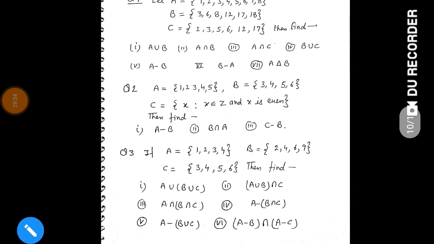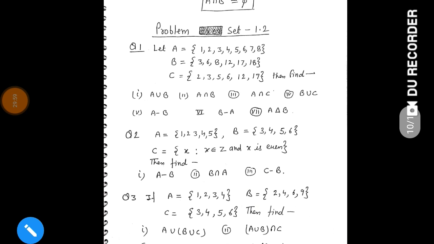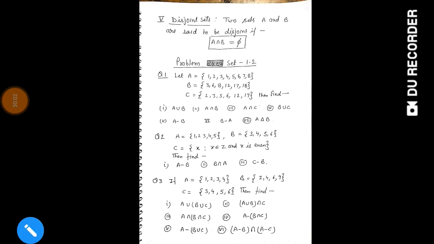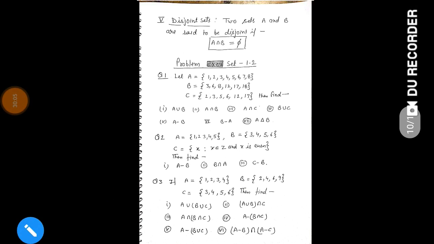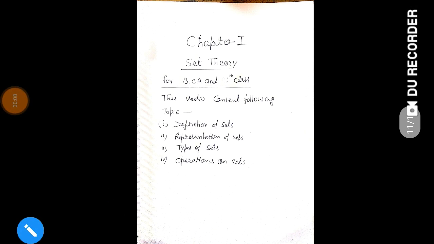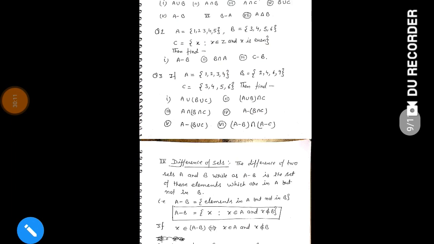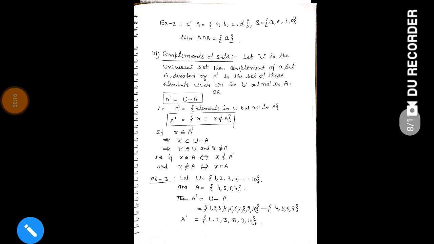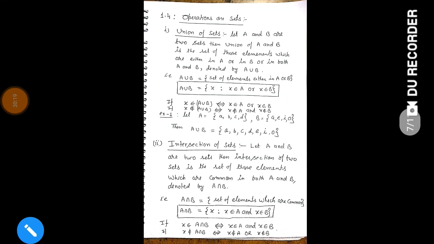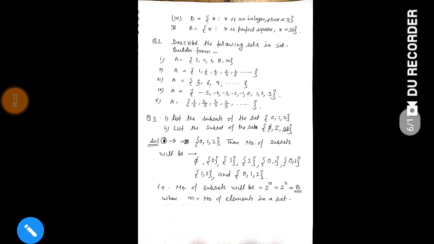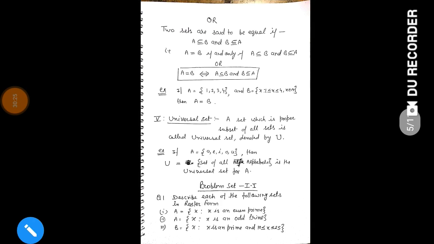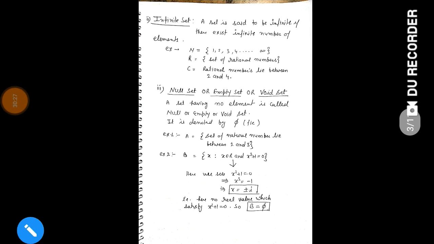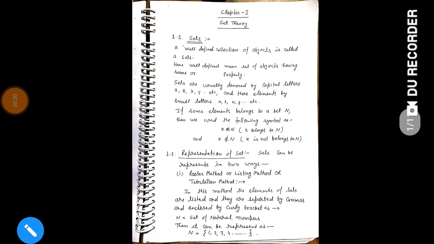Once we see all the pages, this is our last page, this is the first page, and these are the questions on disjoint sets. Okay, you can take a screenshot, or I will provide it to you.